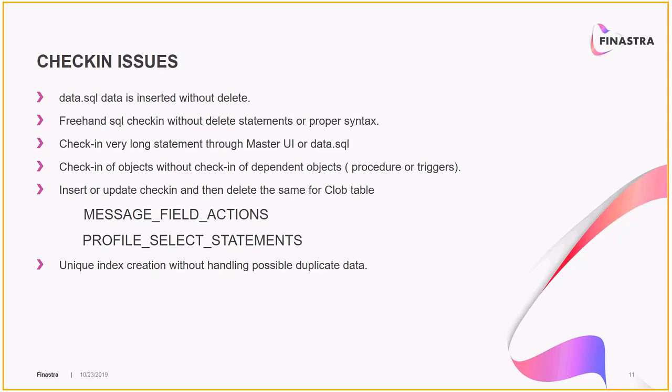Apart from that, unique index creation without handling possible duplicate data. For unique keys, various times we see many such errors, like developers create the unique index script, and it goes through properly in the masters, since various times master does not contain any changes. But when it goes to QA or other environments, or in the master itself while being built, it fails with the unique index.